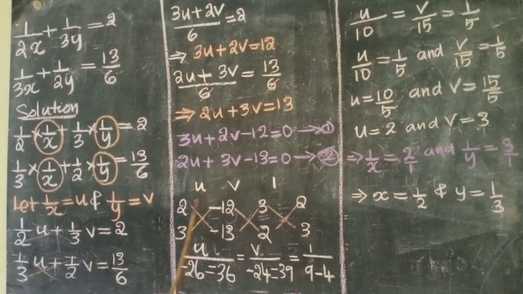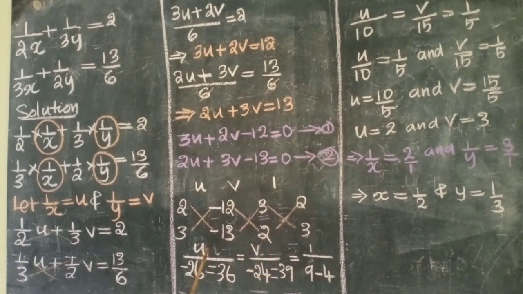u divided by 2 into minus 13 minus 3 into minus 12 equal to v divided by minus 12 into 2 minus 13 into 3 equal to 1 divided by 3 into 3 minus 2 into 2.